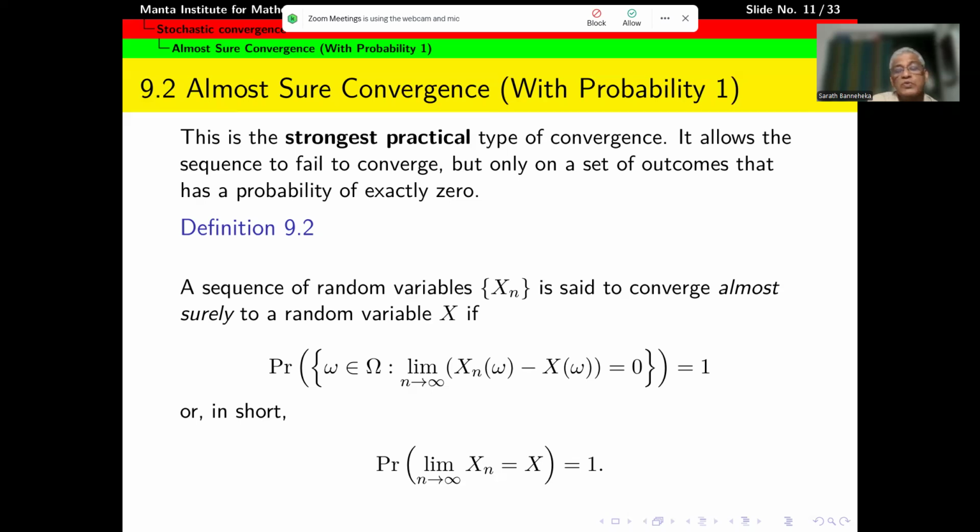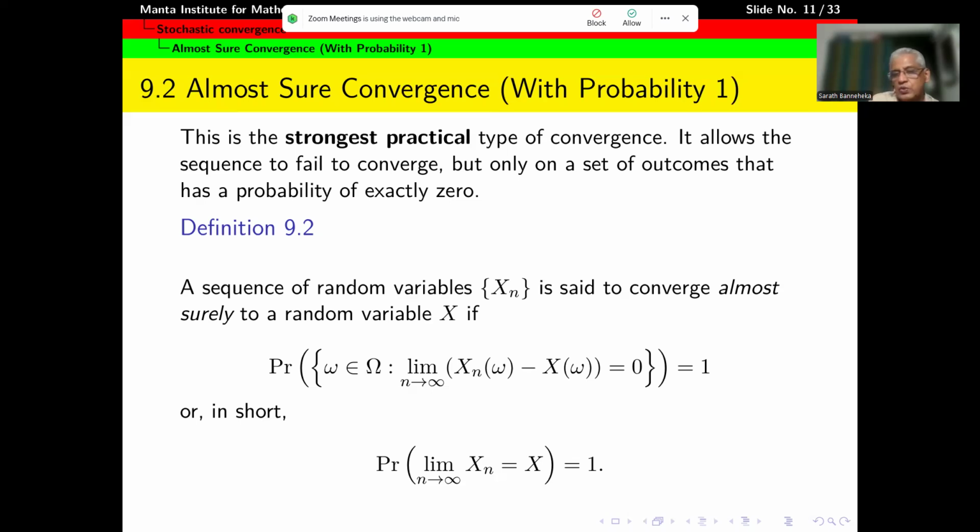But notice that when you say the probability of that set is equal to 1, it doesn't mean that the set A that I consider is necessarily equal to the sample space. There might be some points in the sample space which are not included in our capital A, but the probability of that set has to be 0.